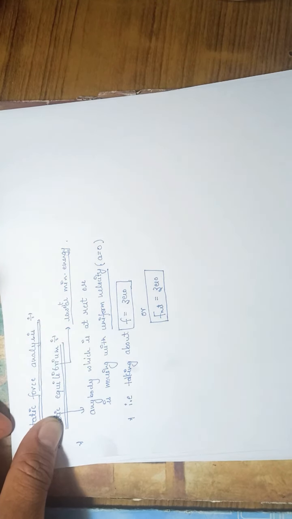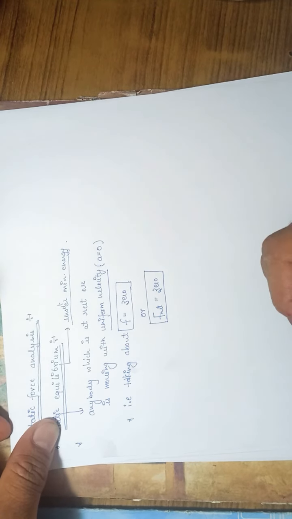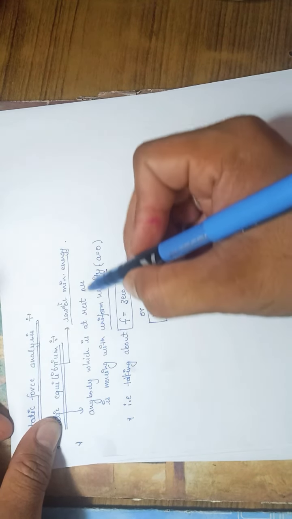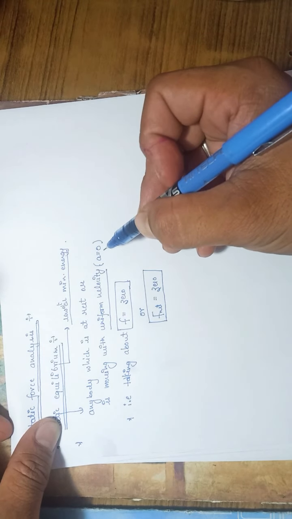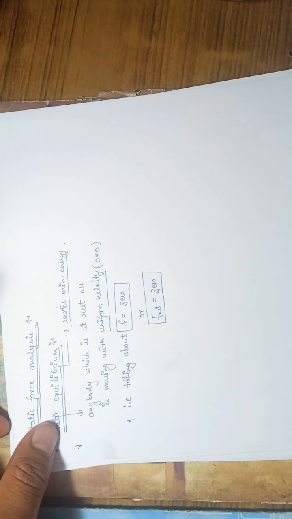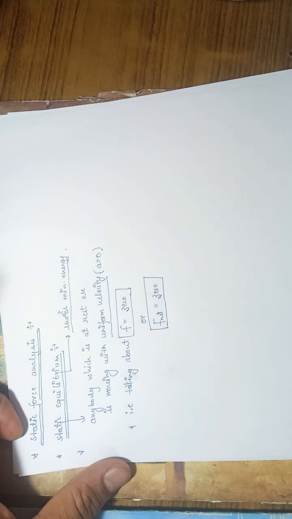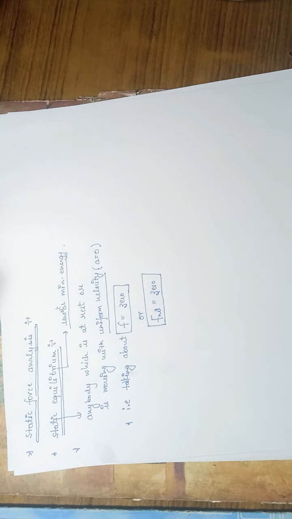Say yes or no. Are you getting it? Okay, I'm again repeating it. What I'm trying to say, if any body is at rest or is moving with uniform velocity, we can conclude that the acceleration of the body is zero, and from this we can get that the net force acting on the body is zero, isn't it?